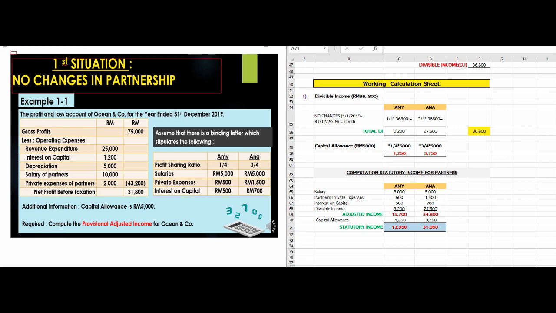So let's have a look at the summary. Dear student, we have completed the format aspect and computation under the no changes in partnership situation.